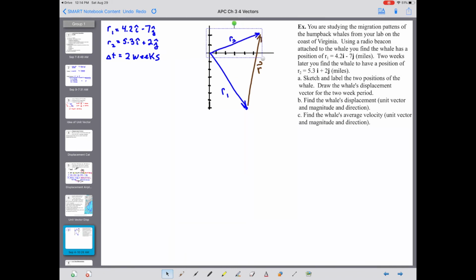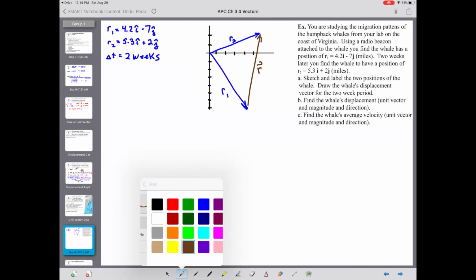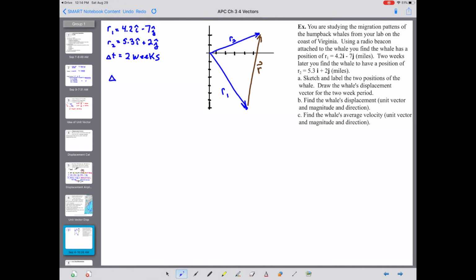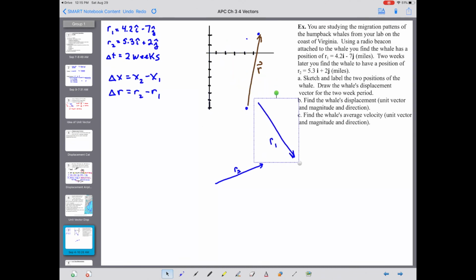If you think in terms of the base definition of, for example, a delta x, that would just be an x2 value minus an x1 value. Well, in this case, it's not a delta x, it's a delta r, which is going to be r2 minus r1. So if I pick up my vector r2, and I want to add to it a negative r1, well, then I'm going to pull my r1 vector down.